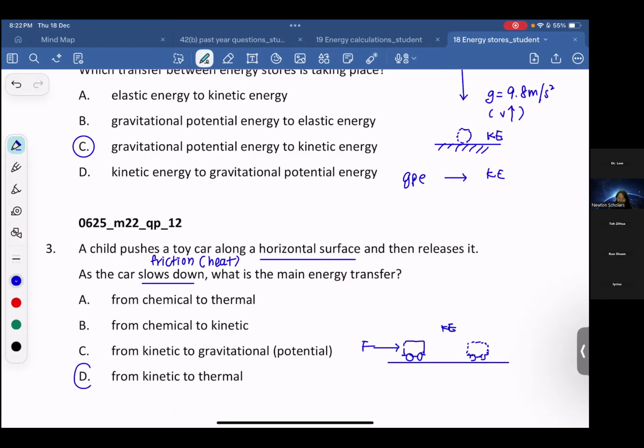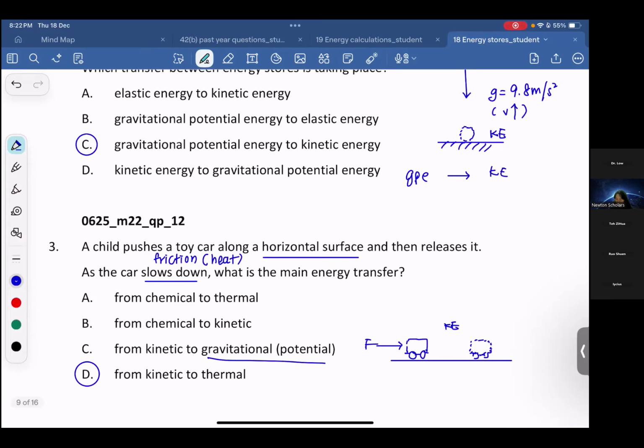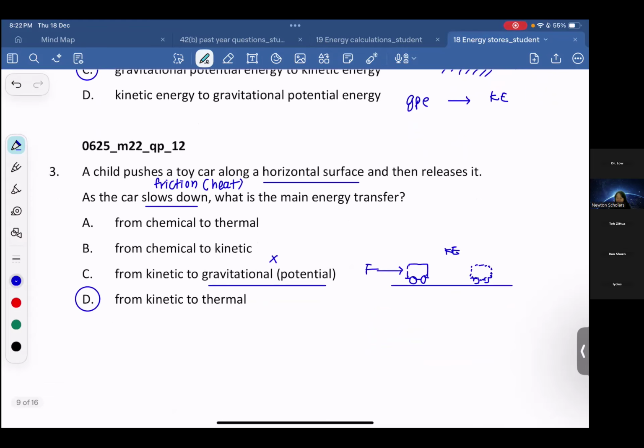So actually here your answer should be kinetic to thermal. It's not GPE, gravitational potential energy. This is wrong because we didn't increase the height. Unless it is like this: this is the car, it is pushed and at the end it gains a certain position, a certain height.